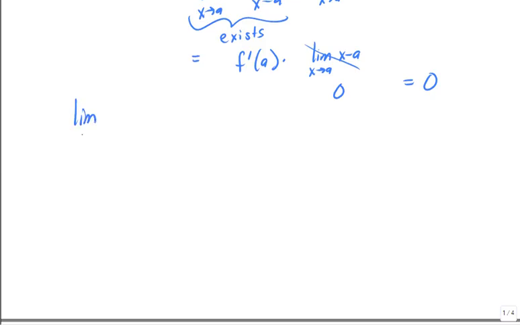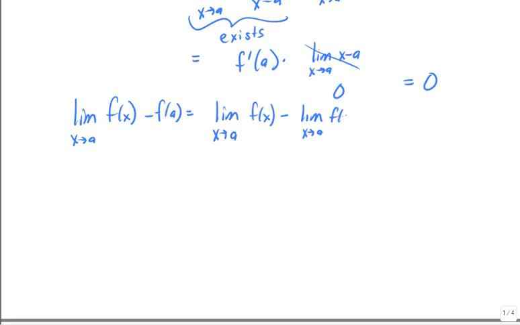So that tells us that the limit as x approaches a of f of x minus f of a is the limit as x approaches a of f of x minus the limit as x approaches a of f of a. But this is a constant, so that's just f of a.